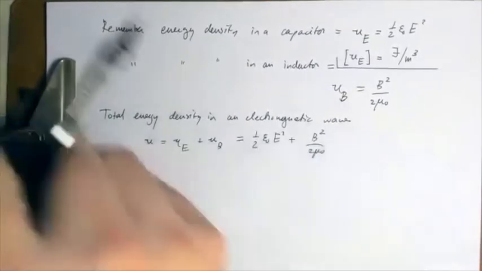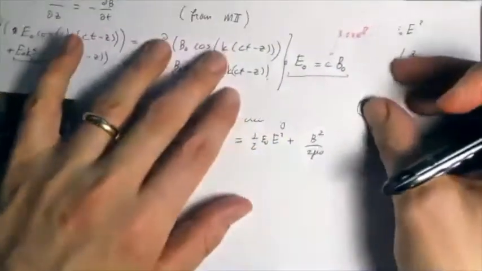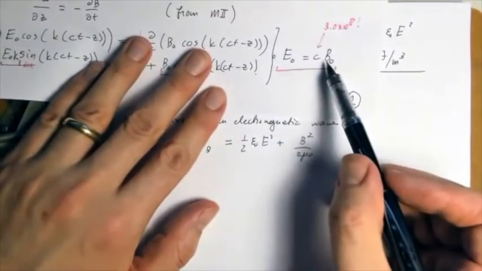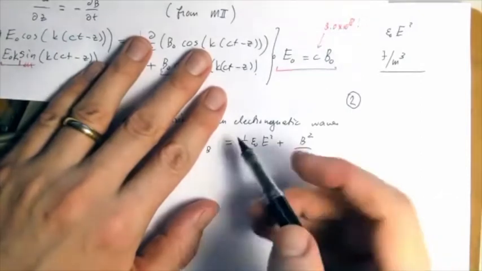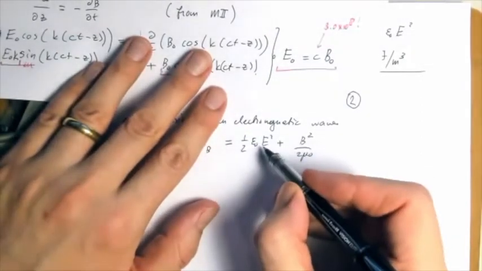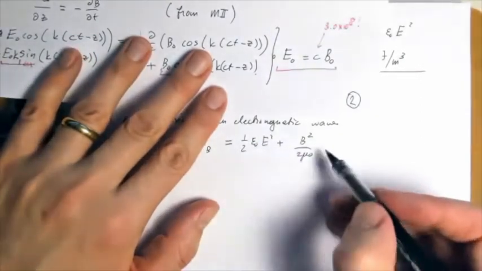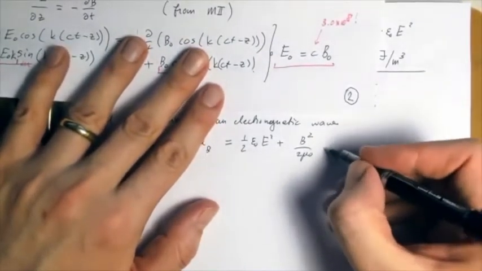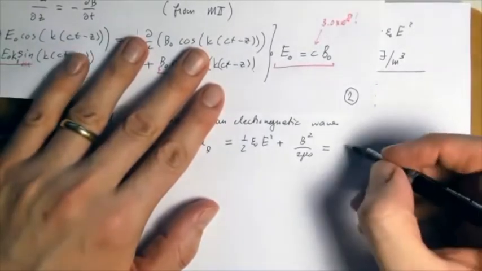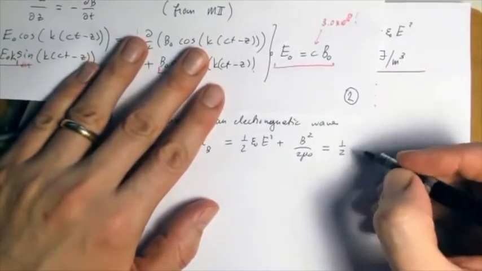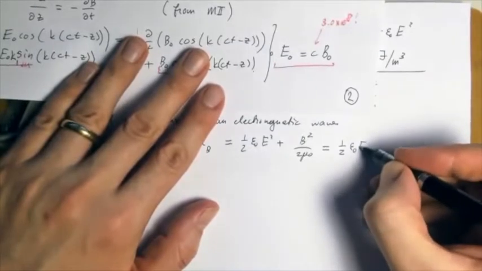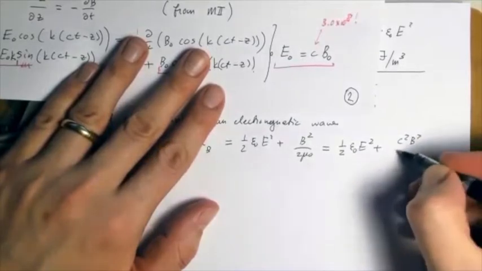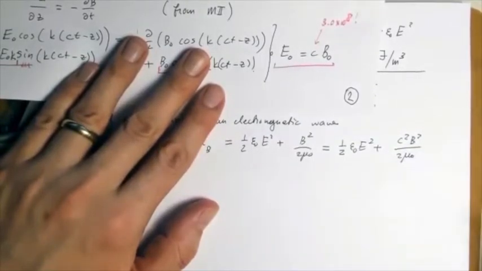But we know that our E naught is c times B naught. So we can change this. We can either write this completely in terms of B, or we can write it in terms of E. So it's 1/2 epsilon naught E squared plus B squared over 2 mu naught.